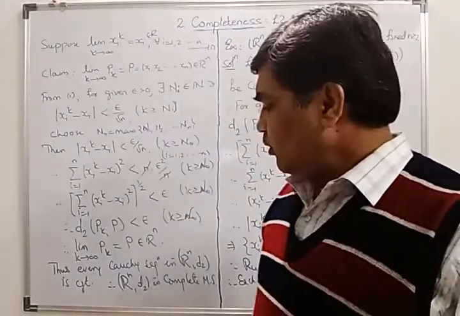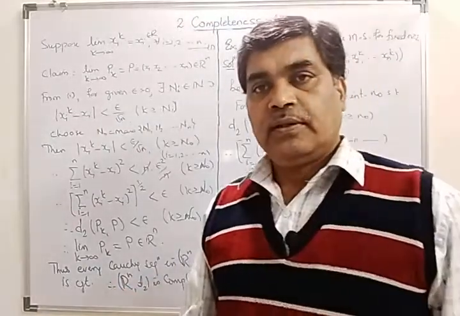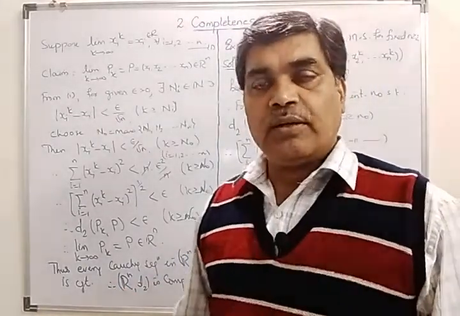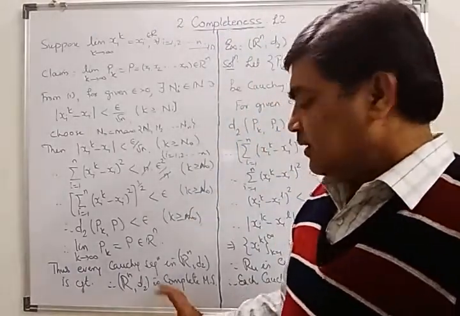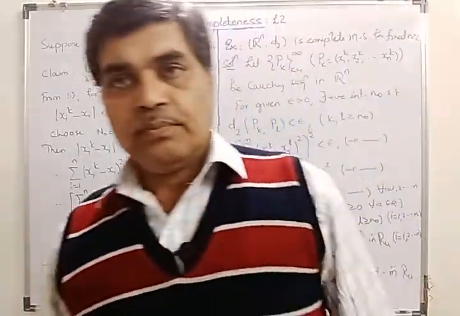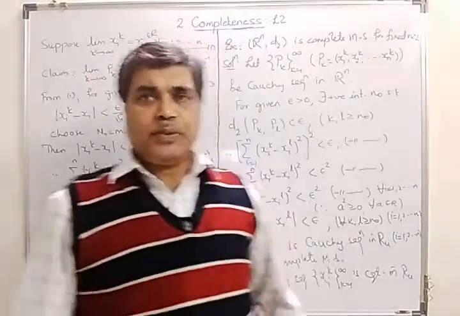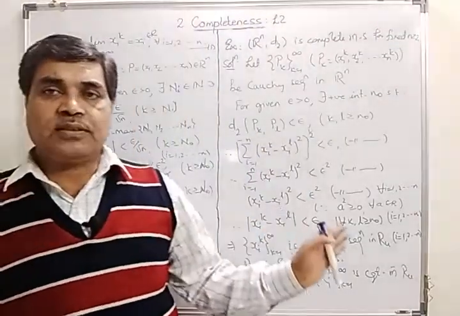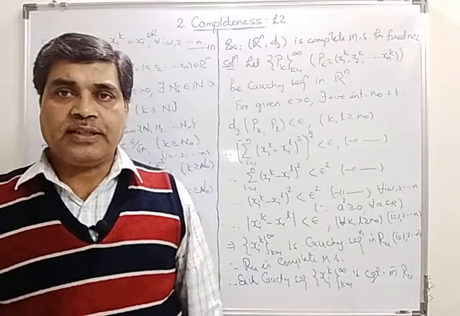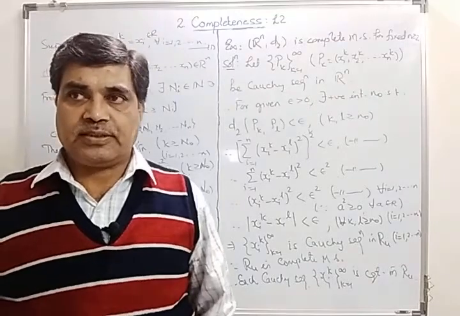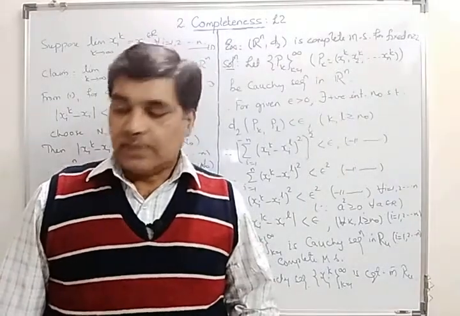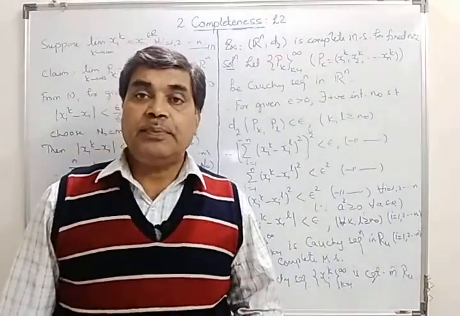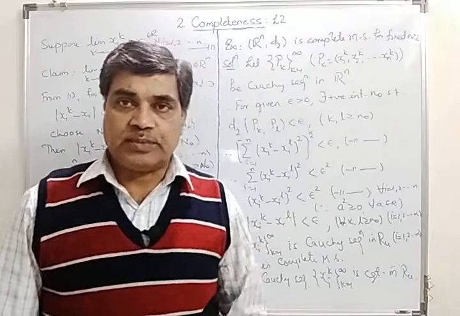So, with respect to any metric among d2, d1 or d infinity, Rn is a complete metric space. With respect to the discrete metric also, Rn is complete. Is it clear? On the same line, you can prove that Lp is also a complete metric space.